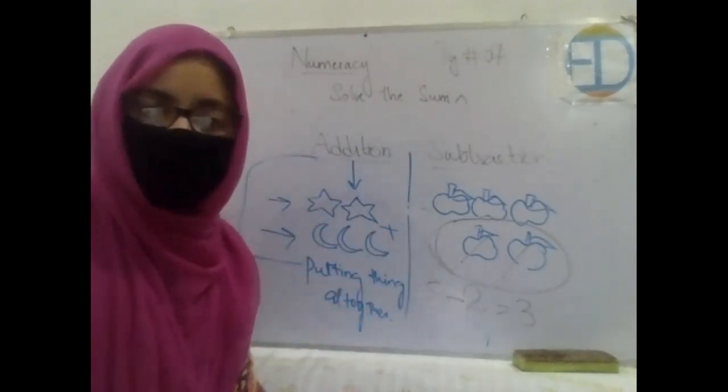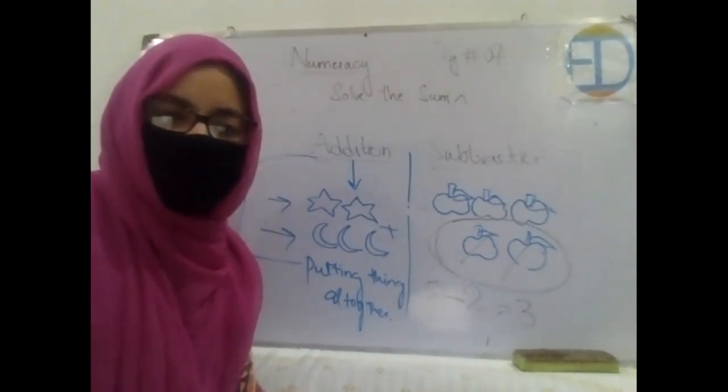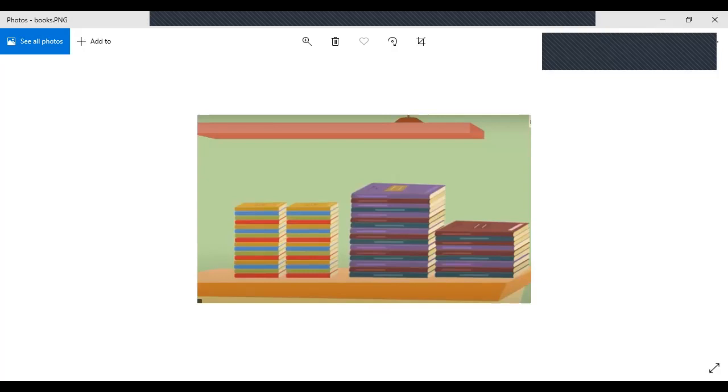I'm going to share the screen with you. There is a picture through which we will revise this concept. Show me a thumbs up if it is visible to you or not. Excellent. Okay, see, it's a table, and there are two types of books placed on the table. One are bigger in size, and the other are smaller in size, right?